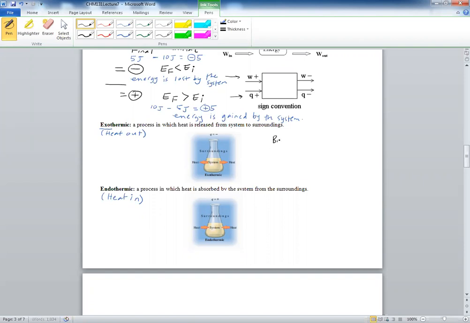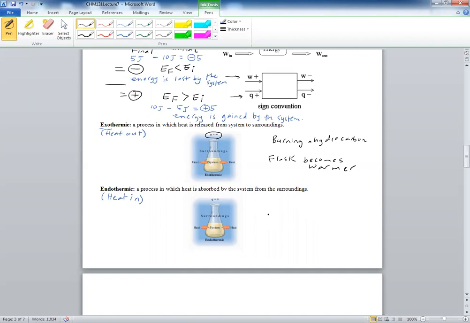Burning a hydrocarbon releases heat, and the reaction flask becomes hotter or warmer. Then that means that this reaction released heat. And if you notice here, Q is minus.